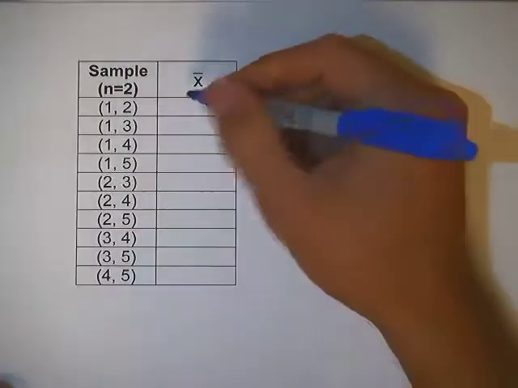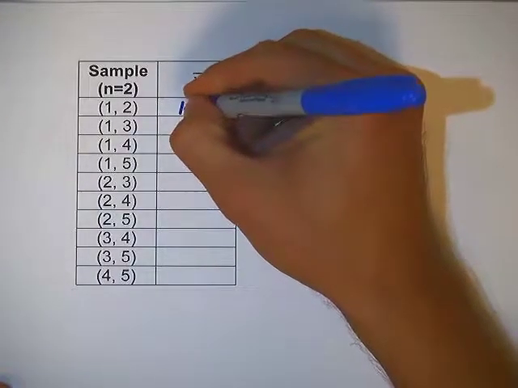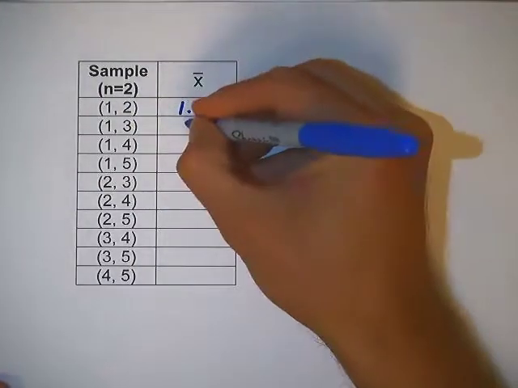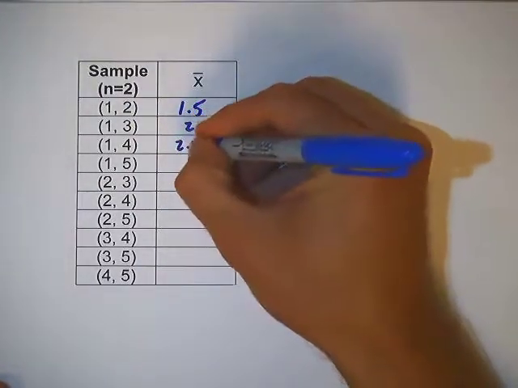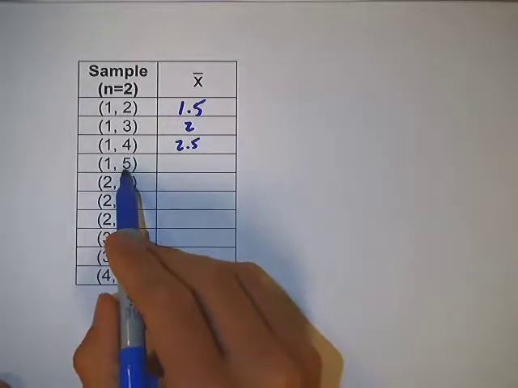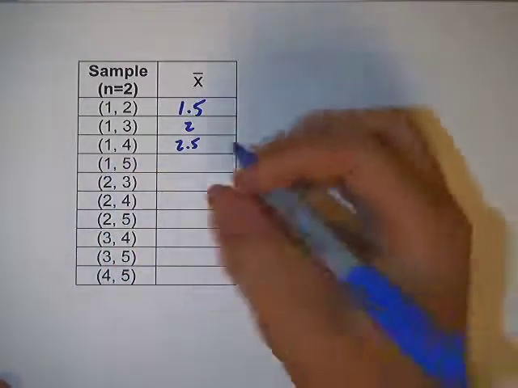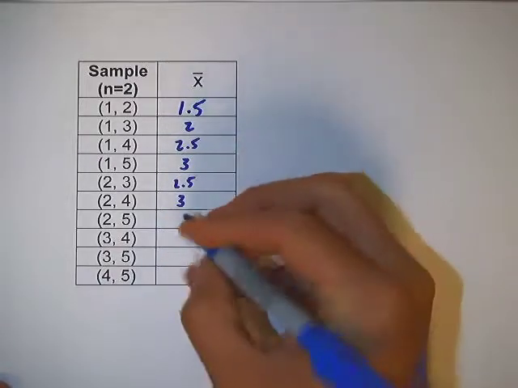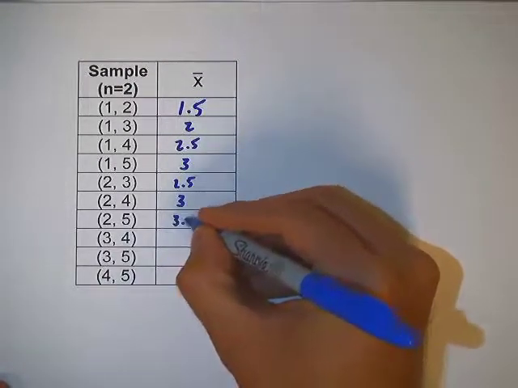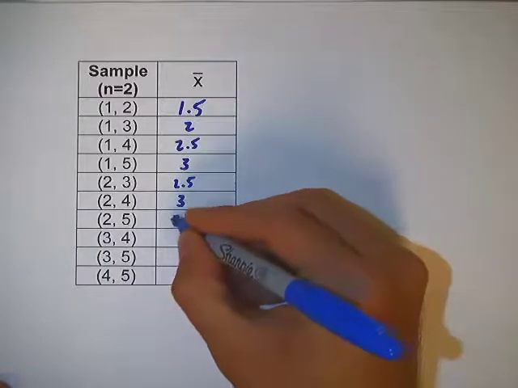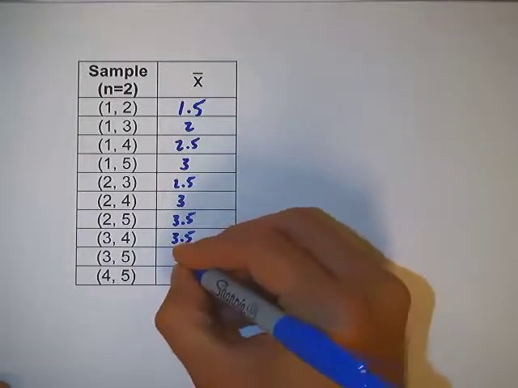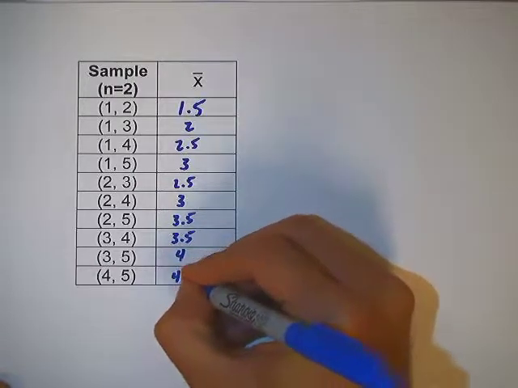Now let's calculate the sample means. 1 and 2 is 1.5. This one's 2.5. The sample mean of 1 and 5 is 6 divided by 2, which is 3. 2.5, 3, 3.5, 3.5, 4, and 4.5.